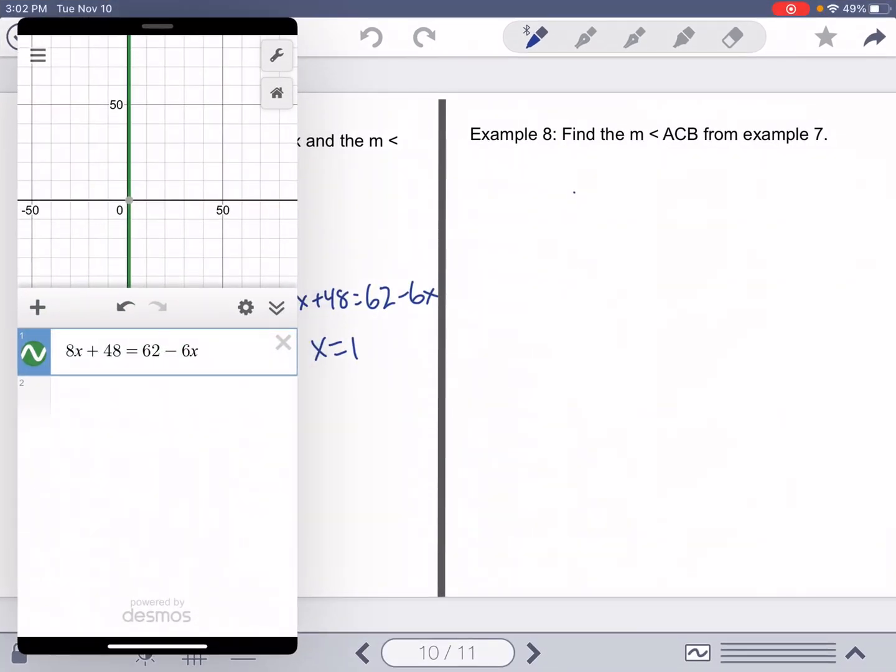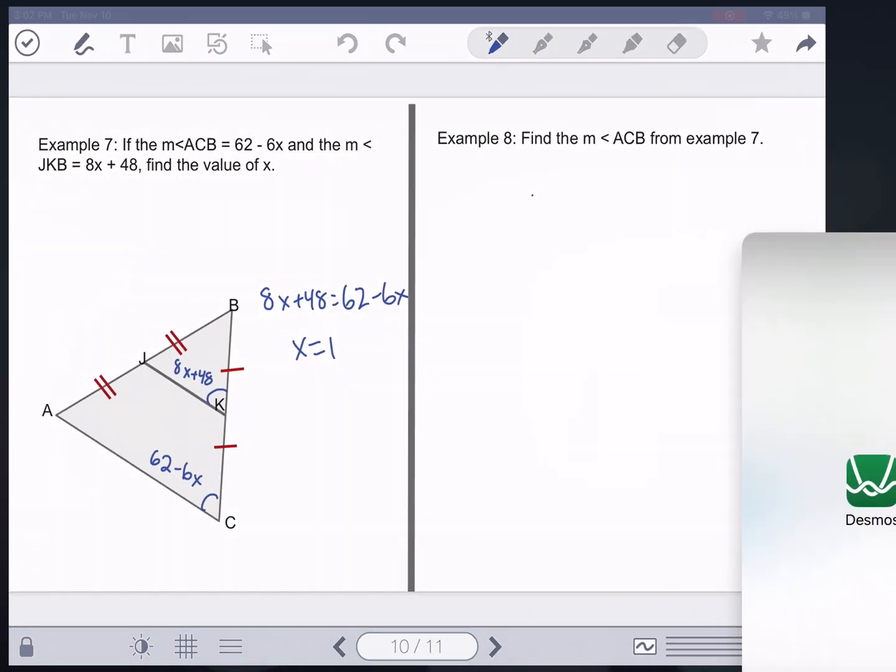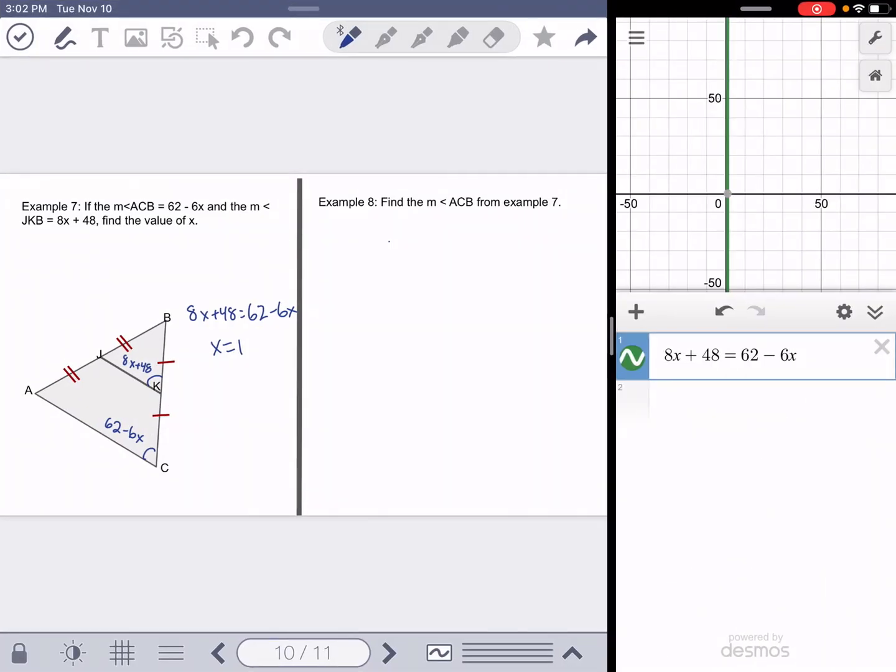All right, now I need to find ACB from example 7. So ACB. Oh, so now I take x and substitute.